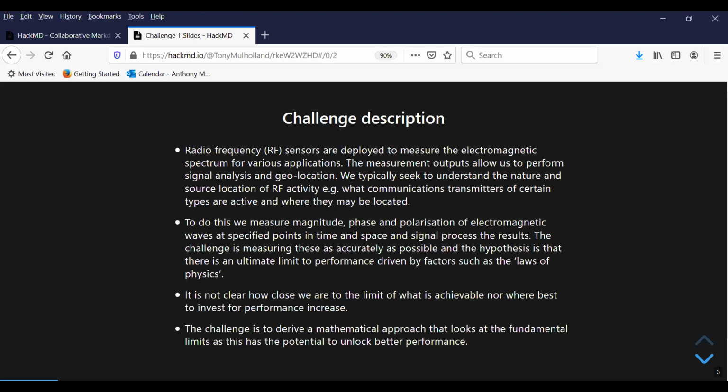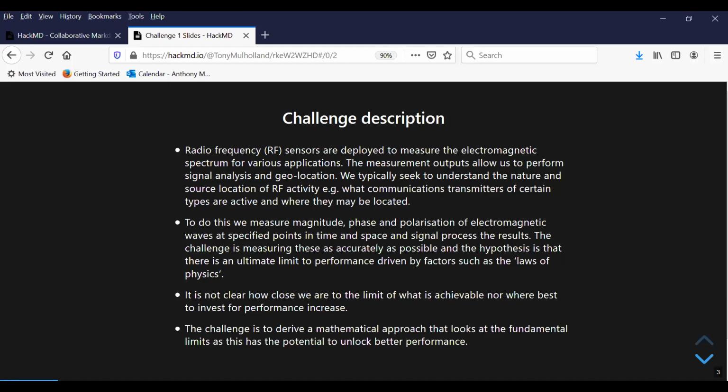There are radio frequency sensors, passively listening to electromagnetic waves, and that could be for a range of reasons. You'll see later on, just to get a bit concrete, we focused on geolocation, but it doesn't necessarily have to be that.